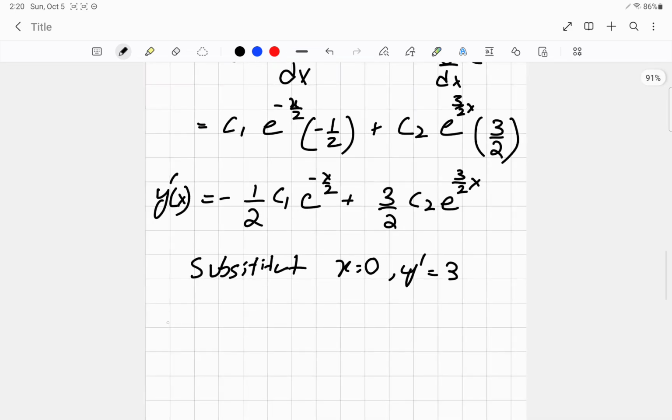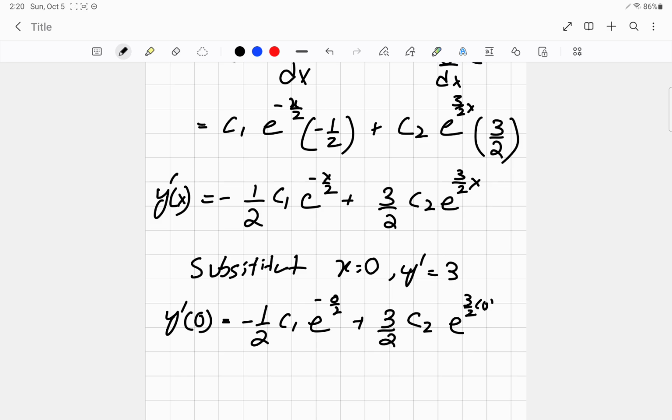Okay, so let's put x equals to 0. So y dash of 0 equals negative 1 over 2 c1 e power negative 0 by 2 plus 3 by 2 c2 e power 3 by 2 into 0.